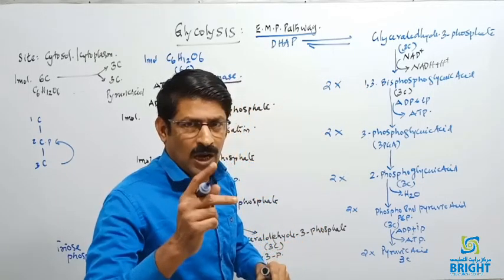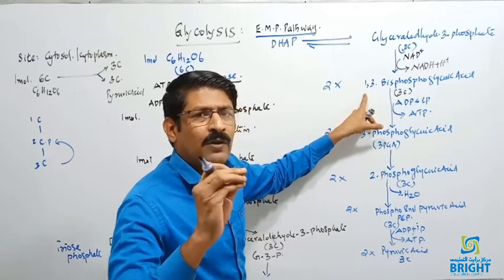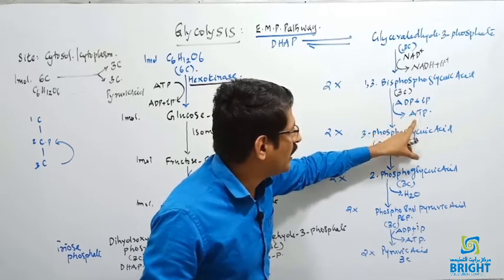In 1,3-bisphosphoglyceric acid, the first carbon and the third carbon have phosphate, and the phosphate on the first carbon is released and combines with ADP to form the first ATP molecule.